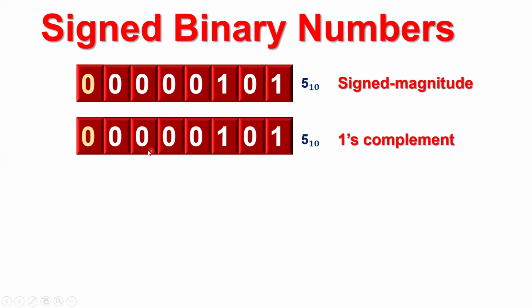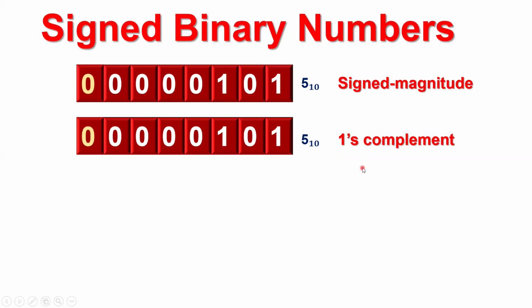It is the same as the signed magnitude form, and both signed magnitude form and the ones complement form are similar to the way unsigned binary integers would be represented. So for the decimal 5 using the unsigned way of representation, you will have the same bit representation, say in the 8-bit form.